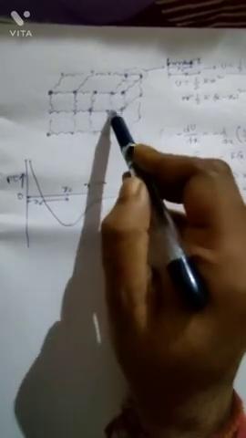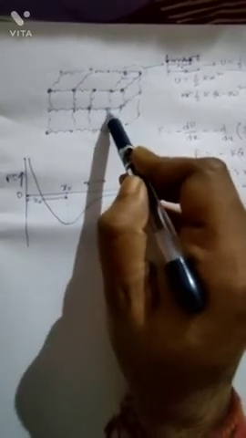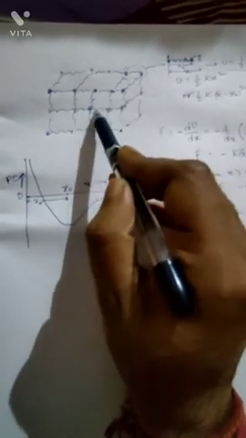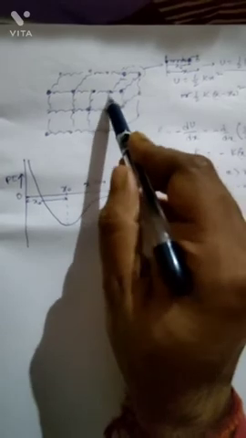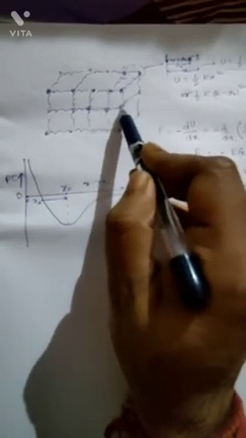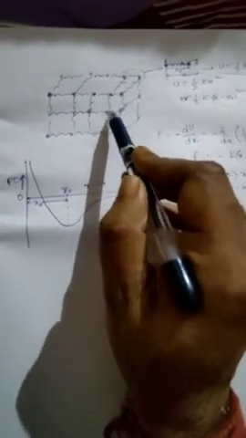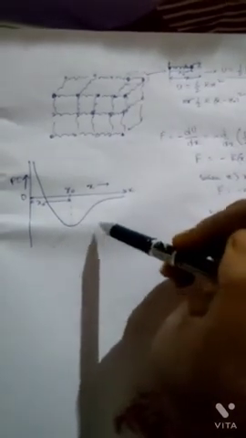In the 3D structure, say here this atom is connected to four atoms. So each atom is connected by elastic bonds, and the property of the potential energy of the elastic bond is represented by this graph.